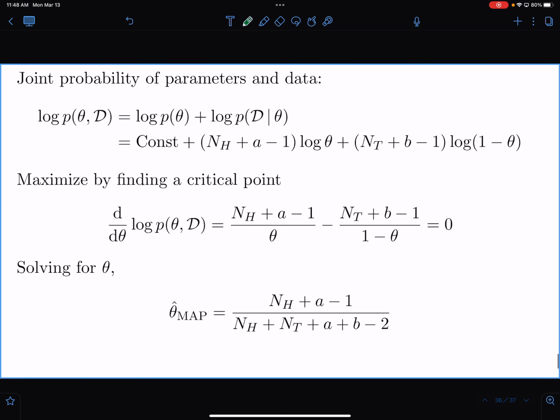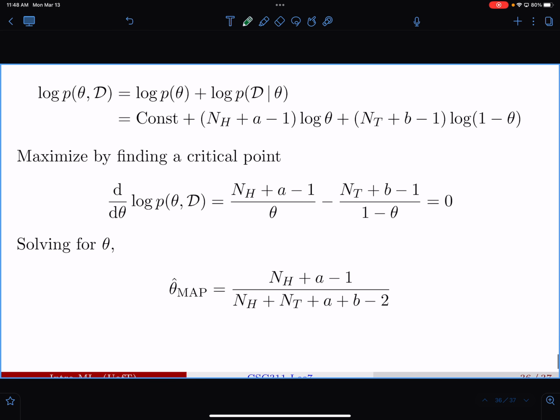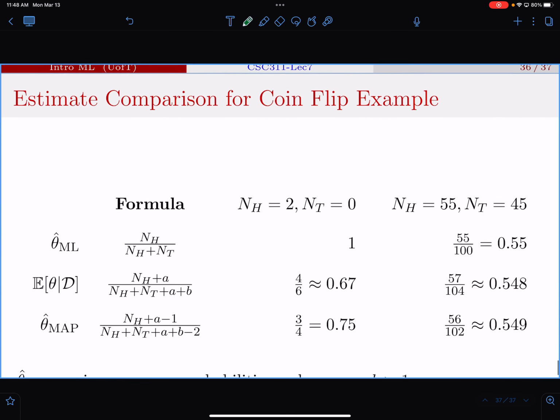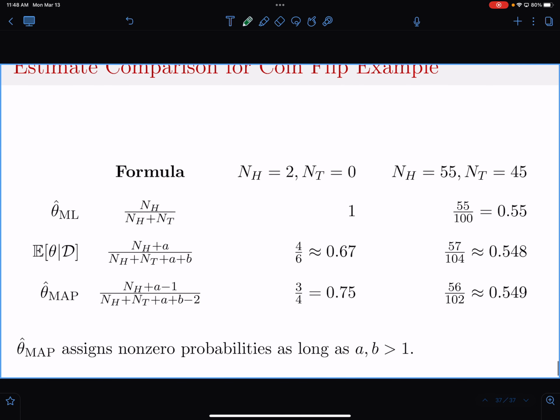So overall, the take-home message here is it's similar to our expected value estimate, except we have to subtract 1 in the numerator and subtract 2 in the denominator. But the overall procedure for deriving this is pretty similar to what we had before. And this is a table that shows the 3 potential estimates you can have for this coin flipping example.